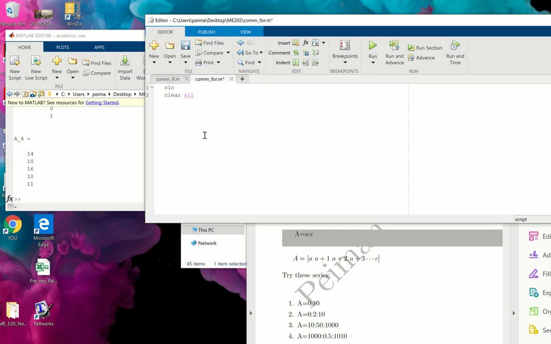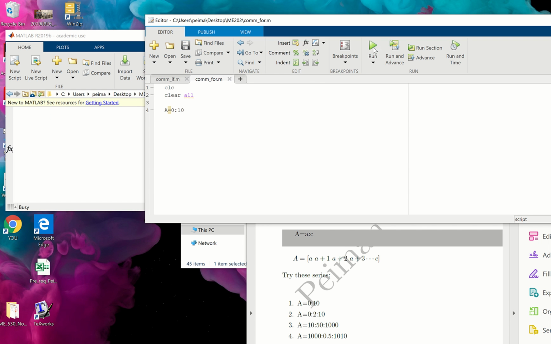This command clears all the parameters saved in the workspace. It is a very good and very useful command, guys. I recommend that as a professional code developer, when you're developing code, use both of them after each run of the code, because it will help you avoid difficulty in getting the results. So now, A is equal to 0 to 10.